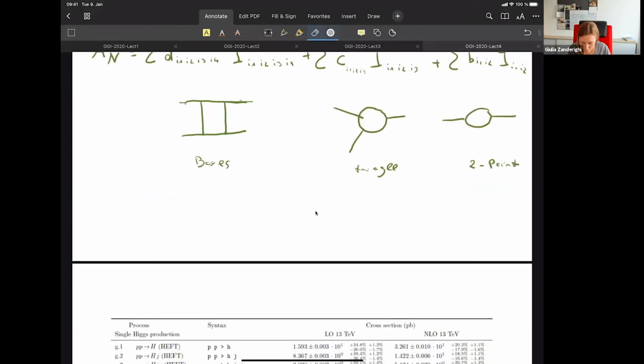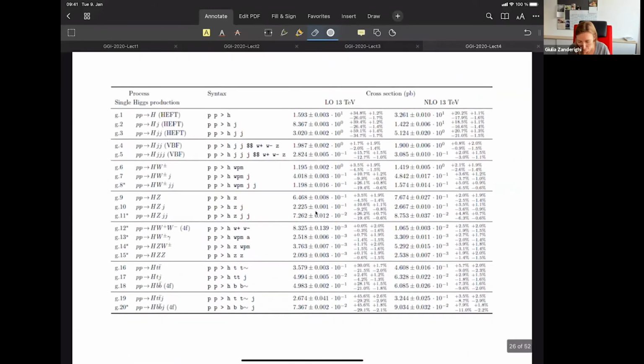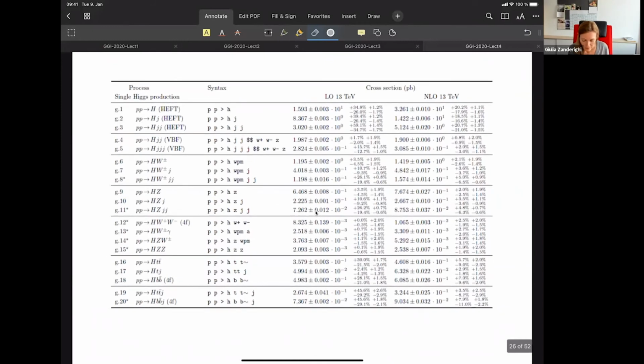And yeah, so this is, for instance, one example of a code where you essentially type in the process that you're interested in. For instance, here this process is all focused on Higgs. You can have a Higgs alone, a Higgs with jets. Here you see Higgs with jet, two jets.